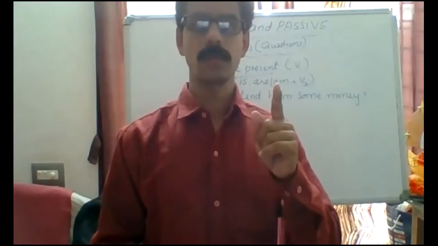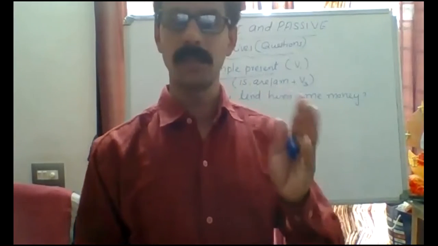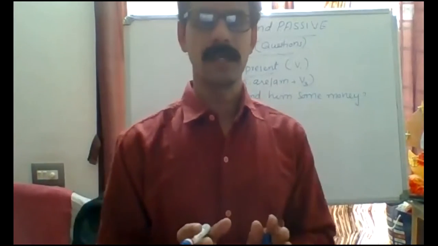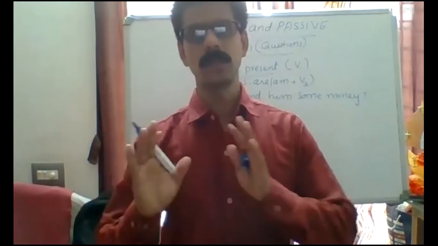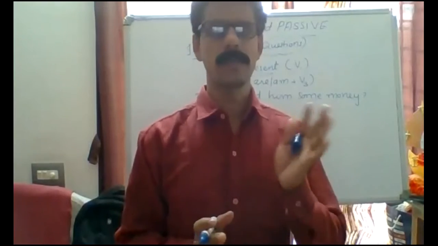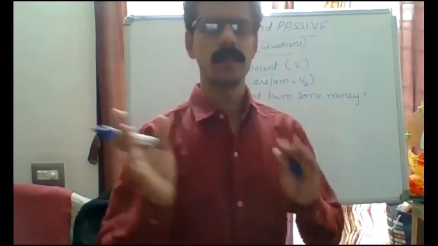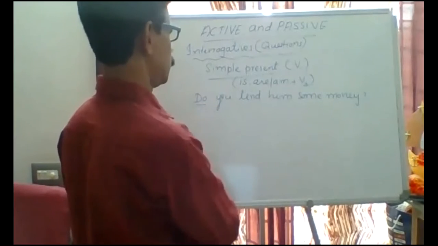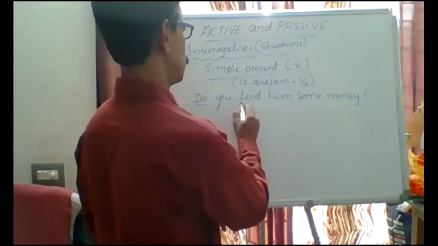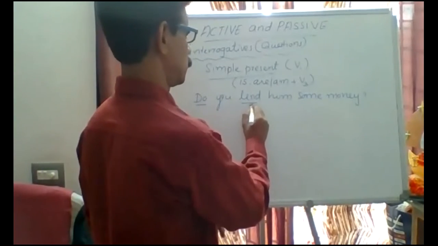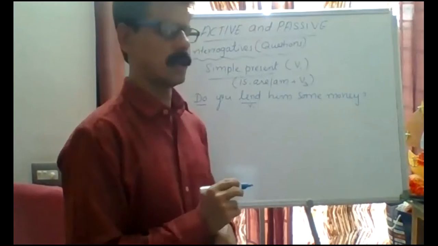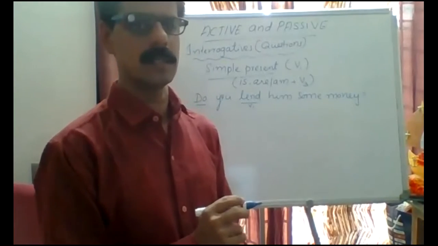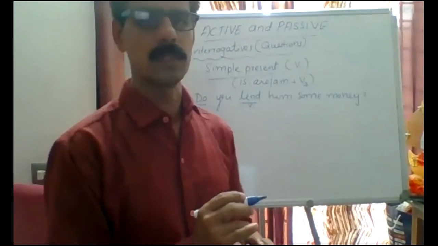If you know how to convert a yes or no question into passive, it is very simple to convert it into a WH question and a WH question passive. Just add the question word before the sentence. Here, do is the helping verb, and lend is V1. Lent is both V2 and V3.